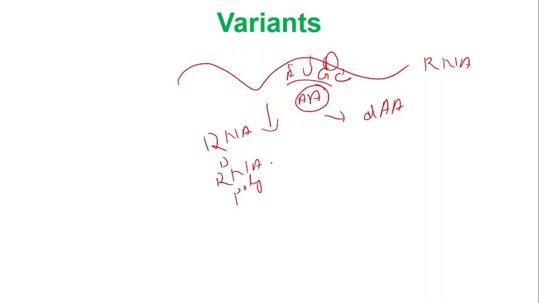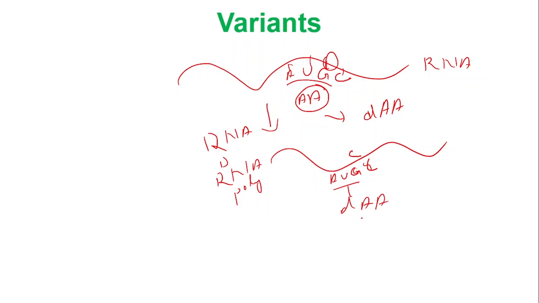During this process, there is a chance that in place of 1 codon there will be a replacement. Suppose here A, U, G, C are there. In place of G, there will be a C. So this will change to another amino acid.